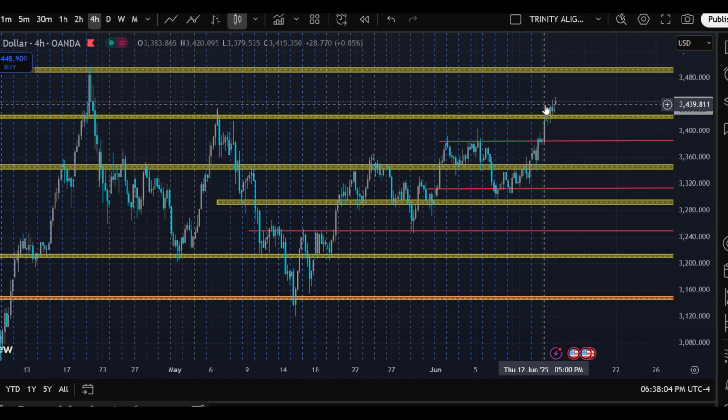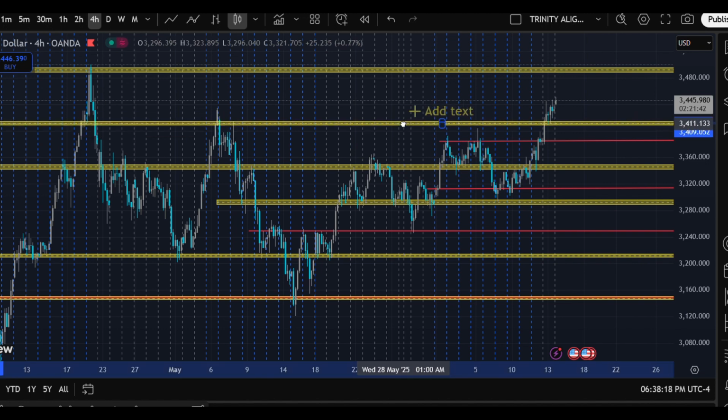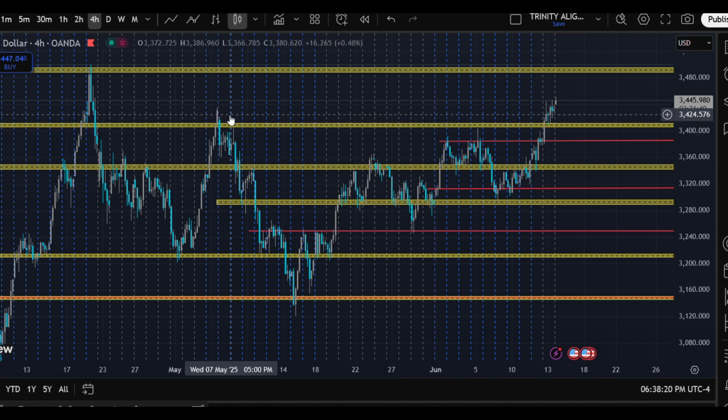And when it breaks higher, we might as well go ahead and mark off this level as well. And this level actually needs to come just a little bit lower.